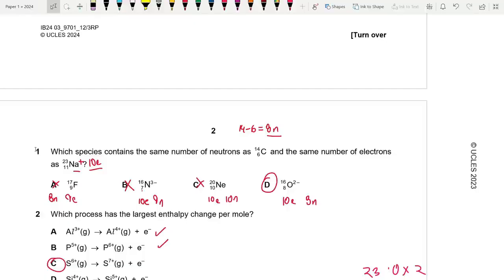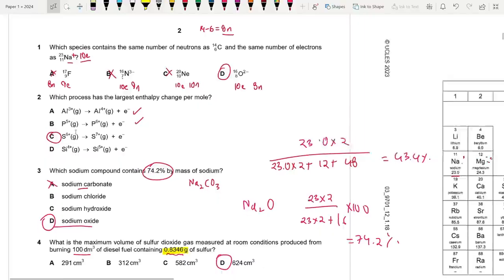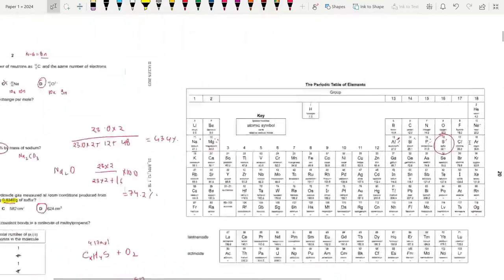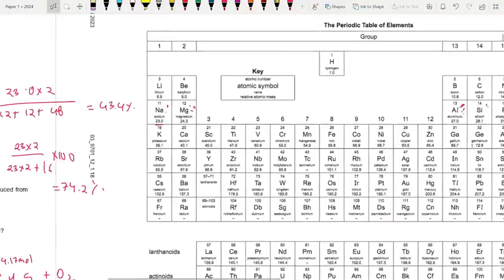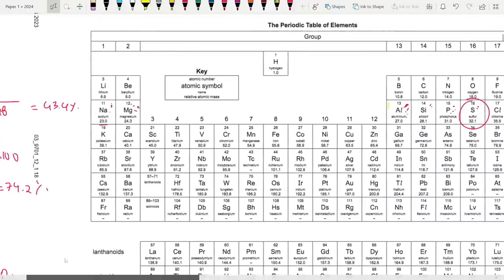Okay, so which process has the largest enthalpy change per mole? Let's take a look at the periodic table. Aluminium 3+, as you can see, aluminium is in group 13. So this is the fourth ionization energy. The fourth electron, if we are considering aluminium, is actually coming out from the second shell rather than the third one, so a high amount of energy will be required.